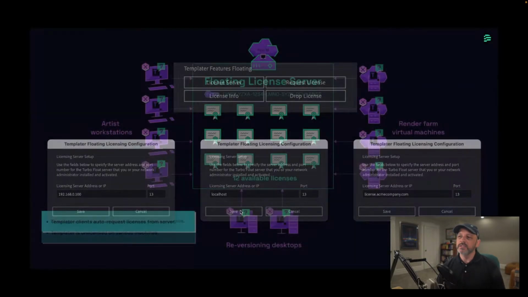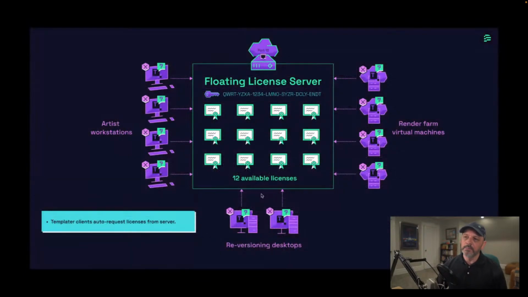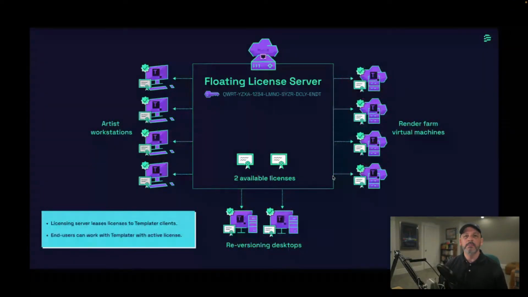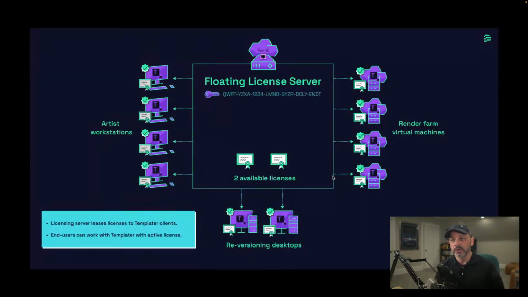Anytime Templator starts up, it queries the floating licensing server using that address information. If there is an available license, those machines effectively get activated. So the end user in front of the machine or the server doesn't have to be concerned with keys and activating and deactivating and all of that kind of stuff.